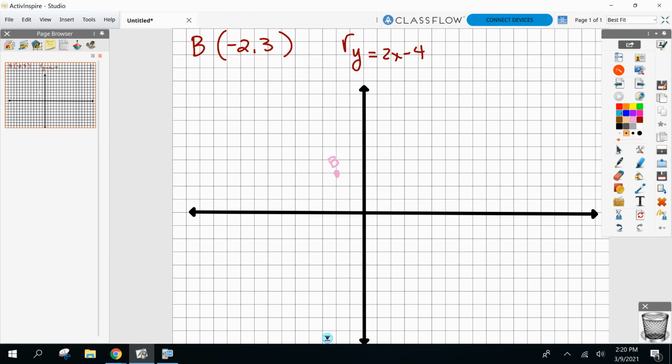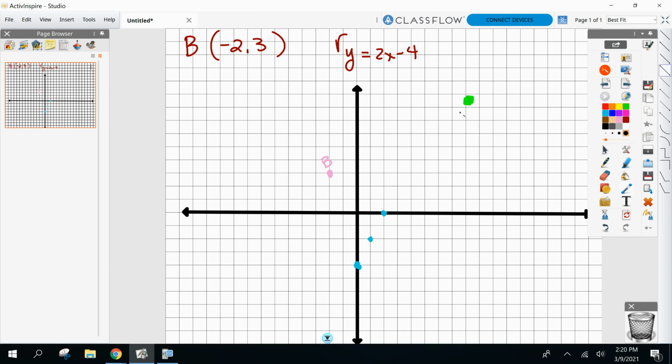I'm going to reflect over 1, 2, 3, 4, up 2 over 1, up 2 over 1. So I'm going to take point B and reflect it through this line right here. All righty?